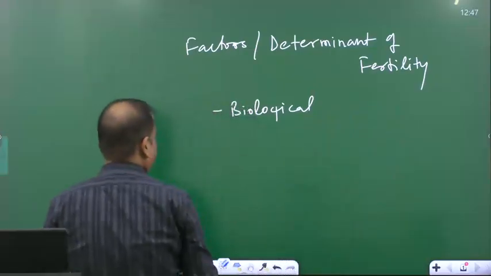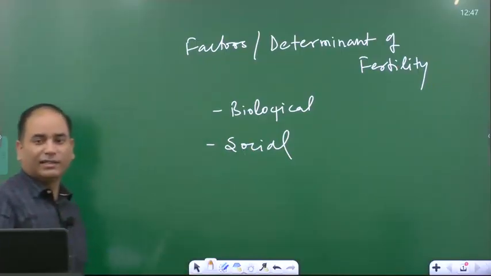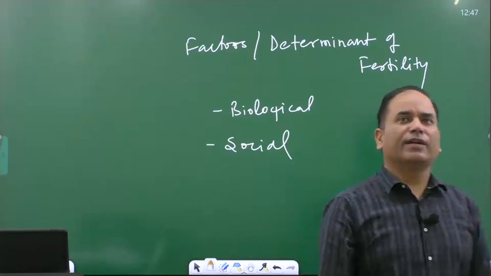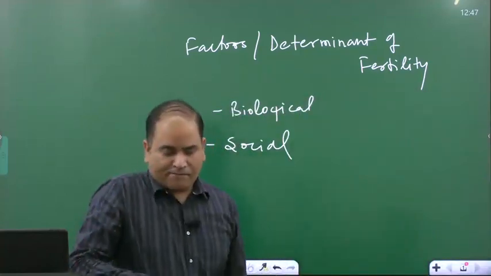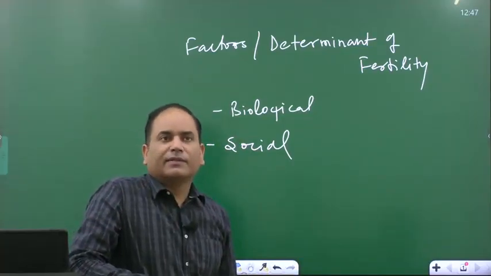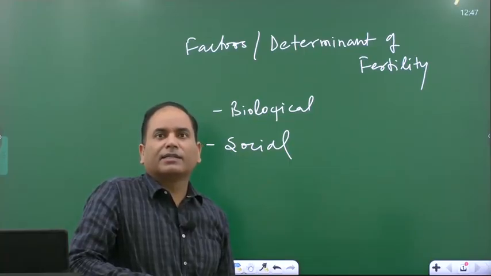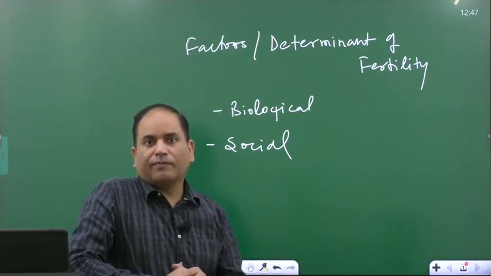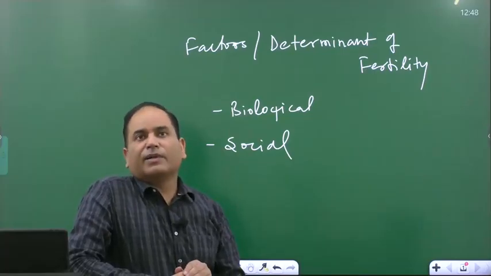of fertility. Then you will have the social factor. How the social factor? Here you can give some examples, like earlier it was child marriage, and in the present time period, in some states like Rajasthan, child marriages are still quite prevalent.